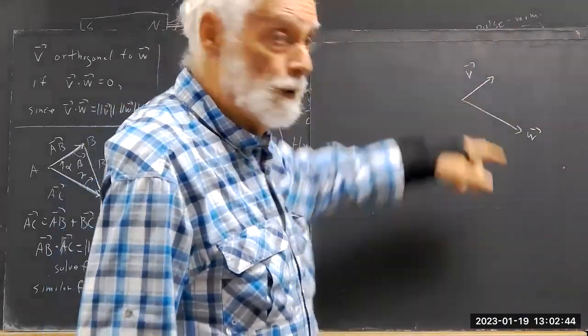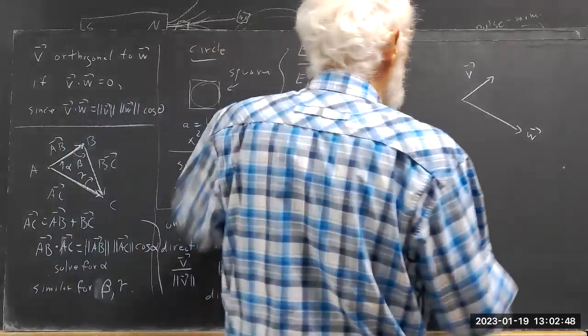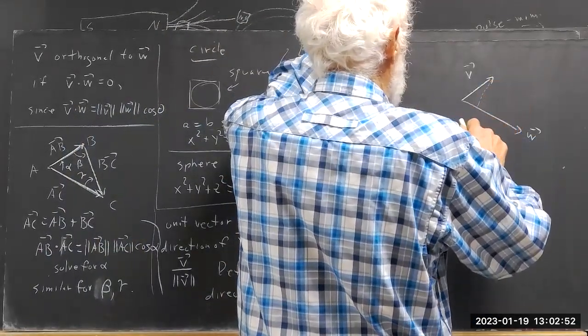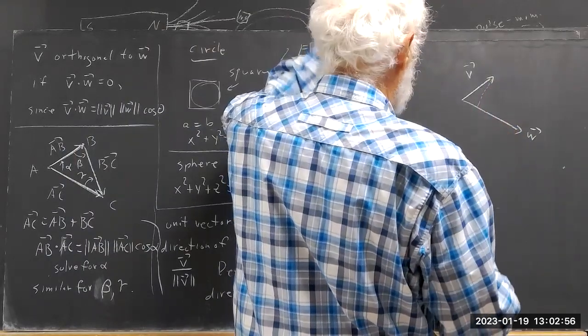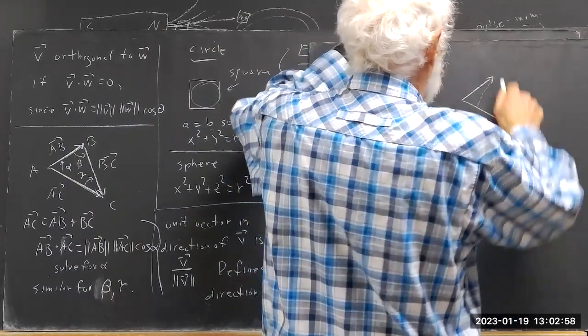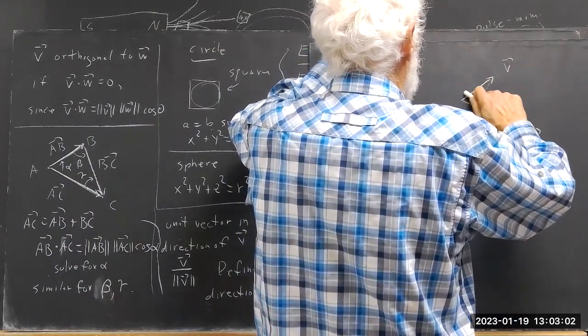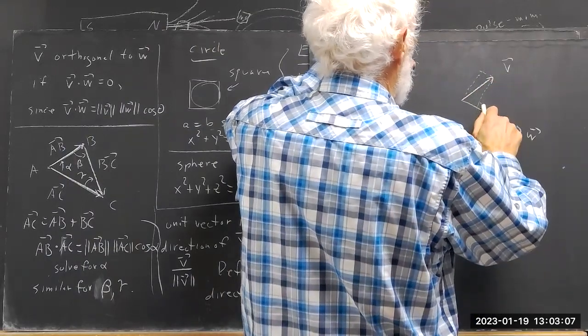Got a vector B and a vector W. B can be expressed as a sum of 2 vectors. Let me label B out here. Okay.